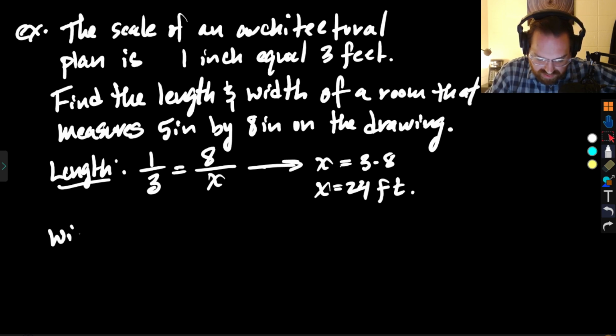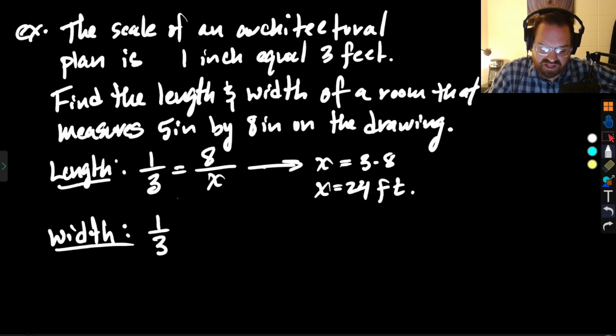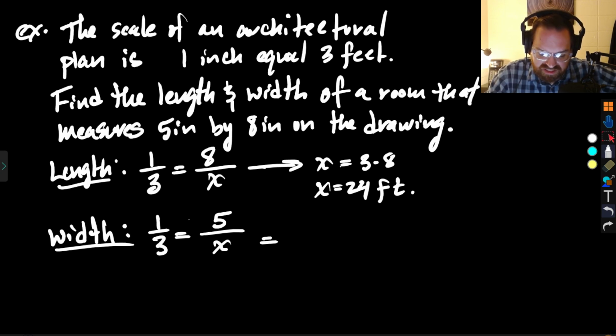Now we have to do the width. The ratio is the same as the original, what was given, right? 1 inch is always going to equal 3 feet in these dimensions. And so we just have to compute the other missing piece, which is the 5 inches. So I'm matching these up: this is inch, this is feet, this is inch, this is feet.